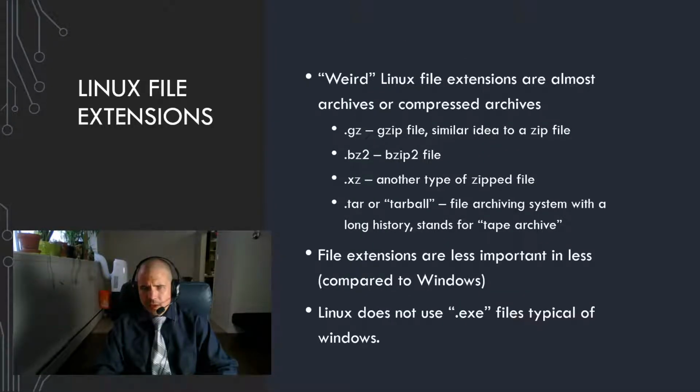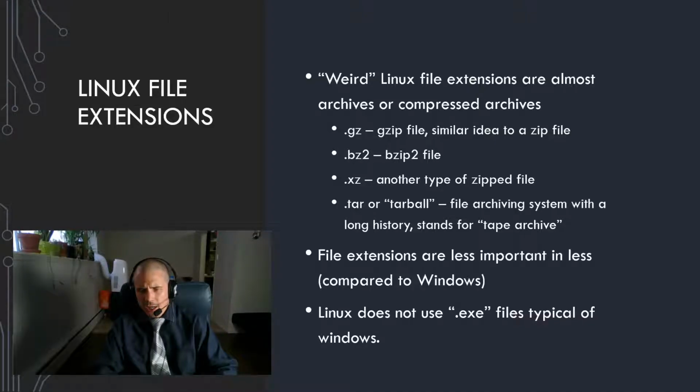Windows does file extensions a little different. From what I've read, there's less emphasis on file extensions, and Linux has a whole bunch of file extensions that look odd to me. As someone who used a lot of Windows, I call these weird, but there's nothing weird about them at all. So I have a list here: GZ, BZ2, XZ, and tar. These all basically do the same thing.